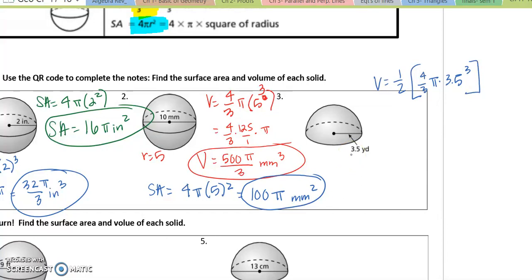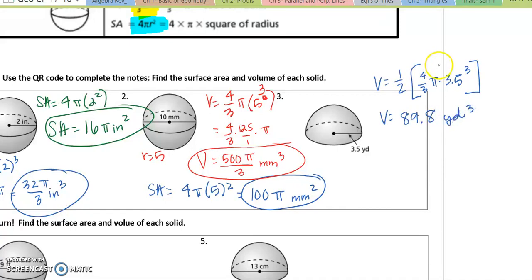I'm just going to plug it all in. 3.5 to the 3rd power times pi times 4 over 3. That gives me 178 almost, divided by 2. And on my calculator, I didn't round it until the very end. I got 89.8 yards cubed.